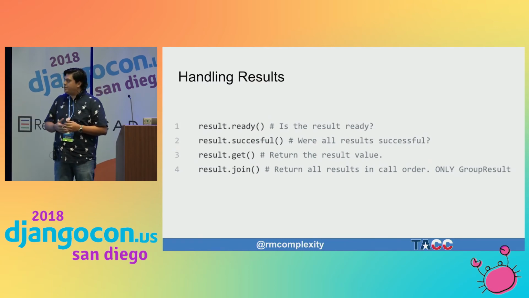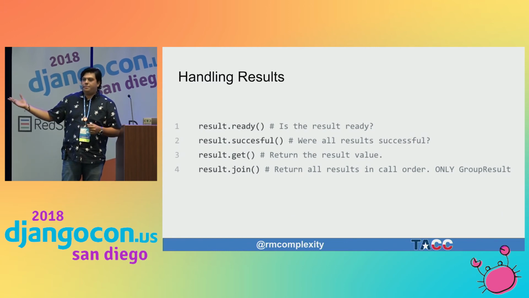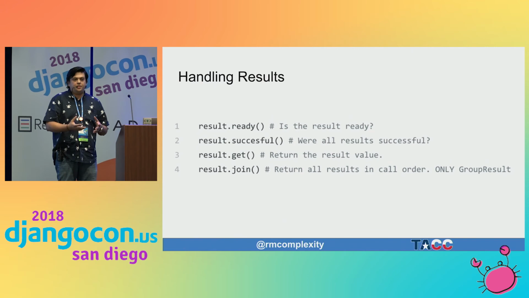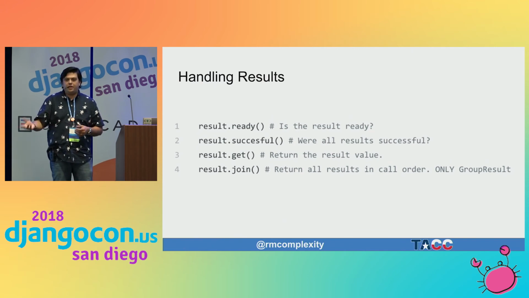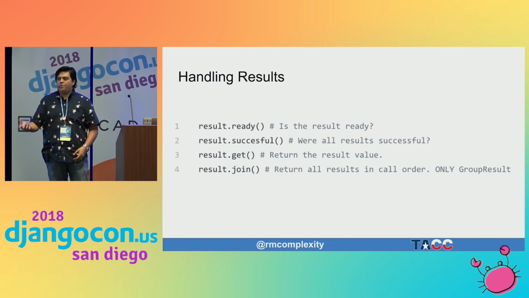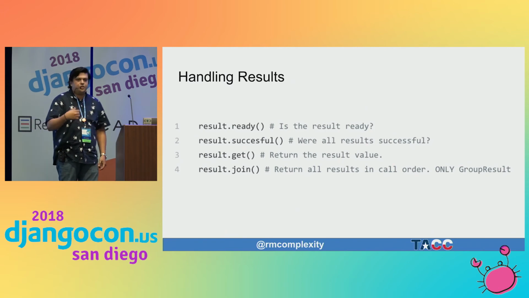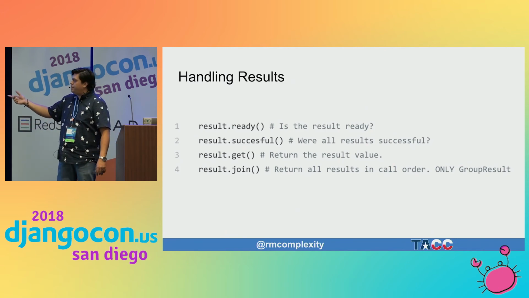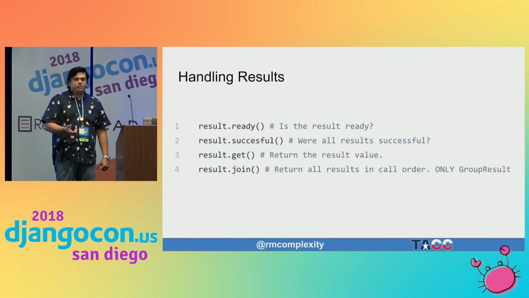So for both classes, we're going to have these different methods. The first one is to check if the result is ready, because all of this is running asynchronously, and we don't know when it is going to end. So we can continuously check if a result is ready. We can also check if it has been successful.